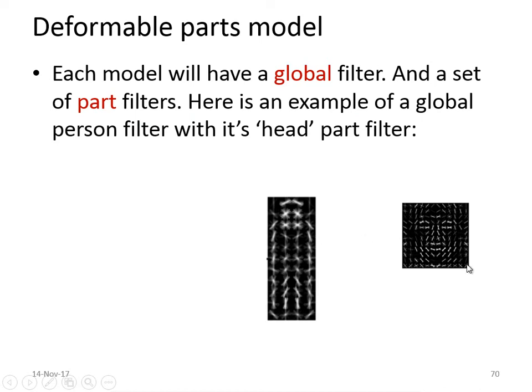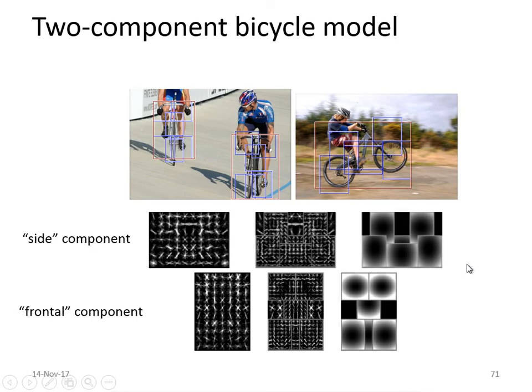Then you can also detect other things, right? For example, you can detect a bicycle. In that case, you have one big root detector for the entire bicycle, trained to recognize it, and then you also look into individual parts such as wheels and so on.